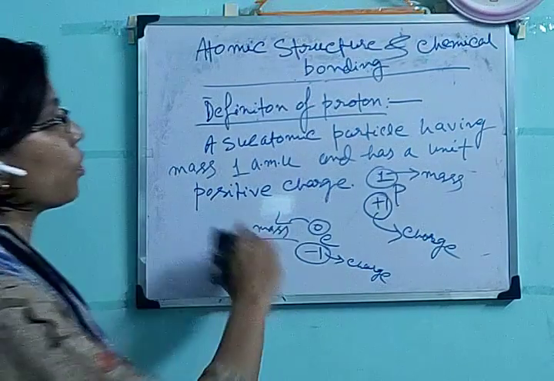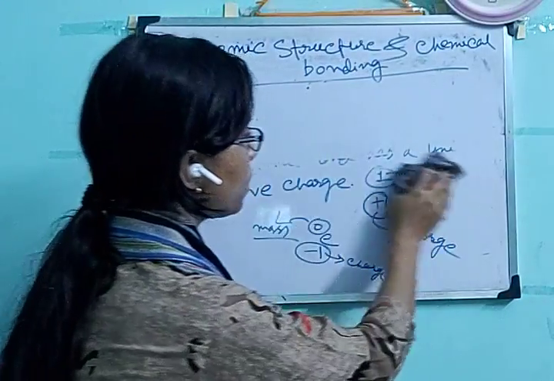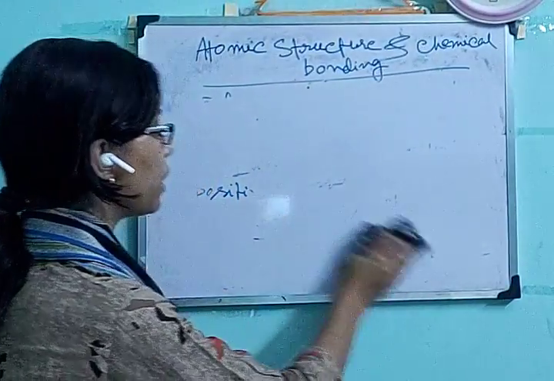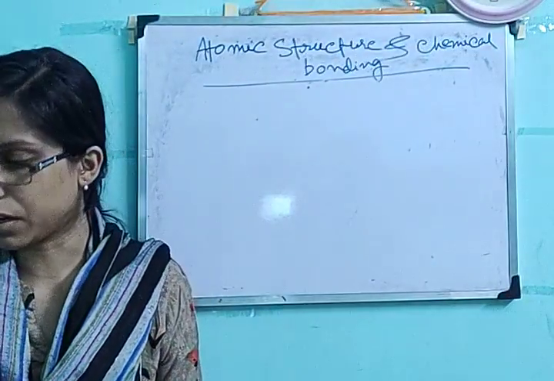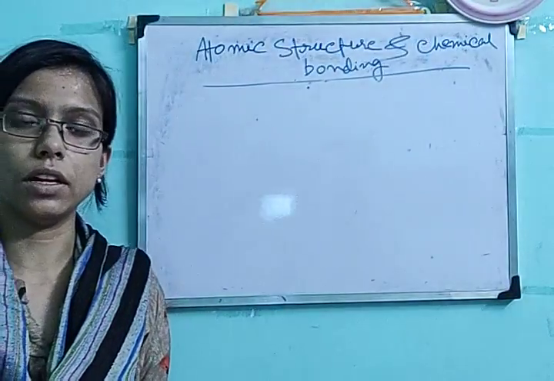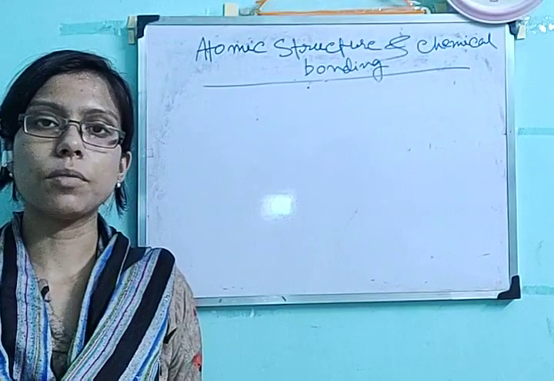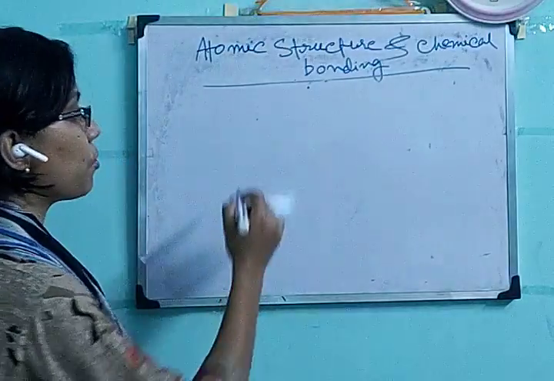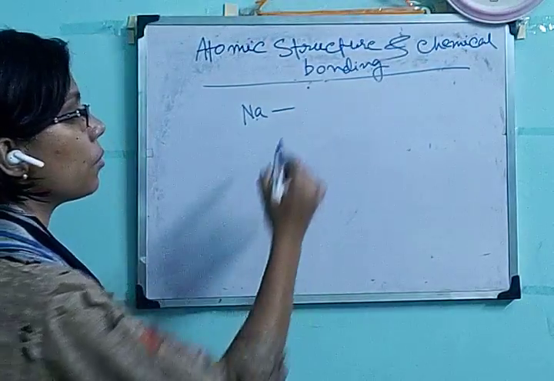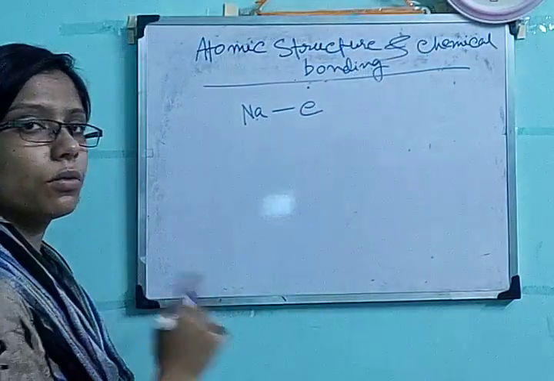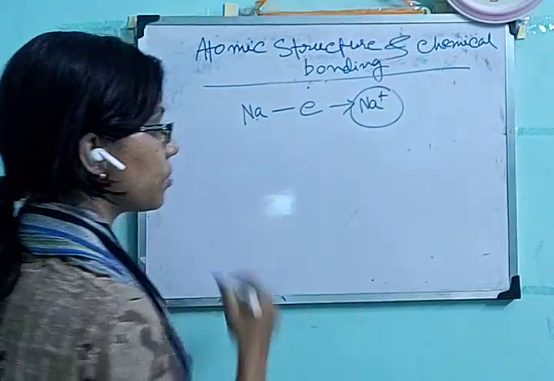Now how can protons be generated? A positively charged particle can be generated by the elimination of an electron. Suppose I take sodium, Na, and eliminate one electron, it generates Na+, a positively charged particle.